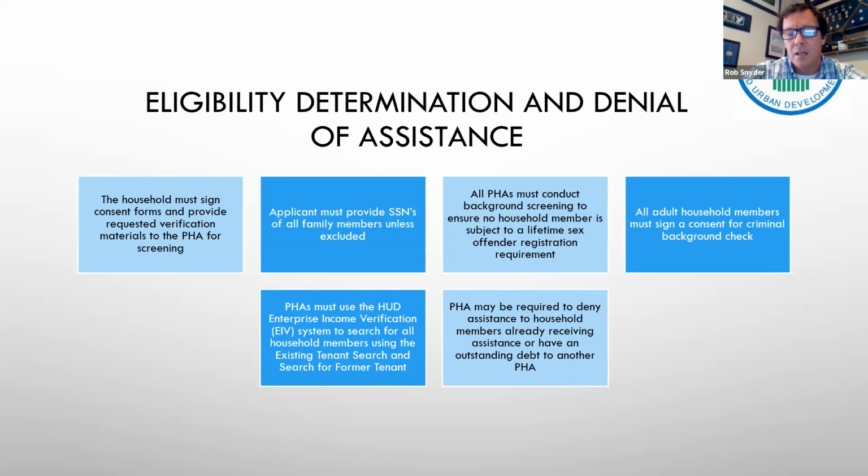And then denial of assistance if a family were already receiving assistance or has an outstanding debt to another PHA, those types of reasons would be identified under the existing tenant search and the EIV system.